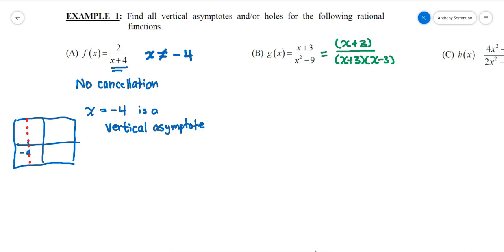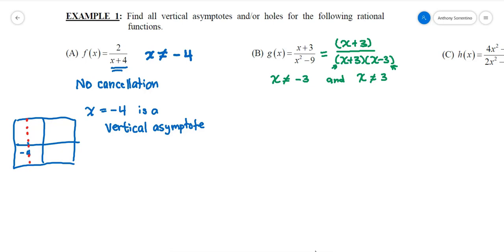So my domain restrictions are that x cannot equal negative 3, because that's going to create a 0 with that one, and x is not equal to 3, because that'll make this one a 0. So I have two domain restrictions here.